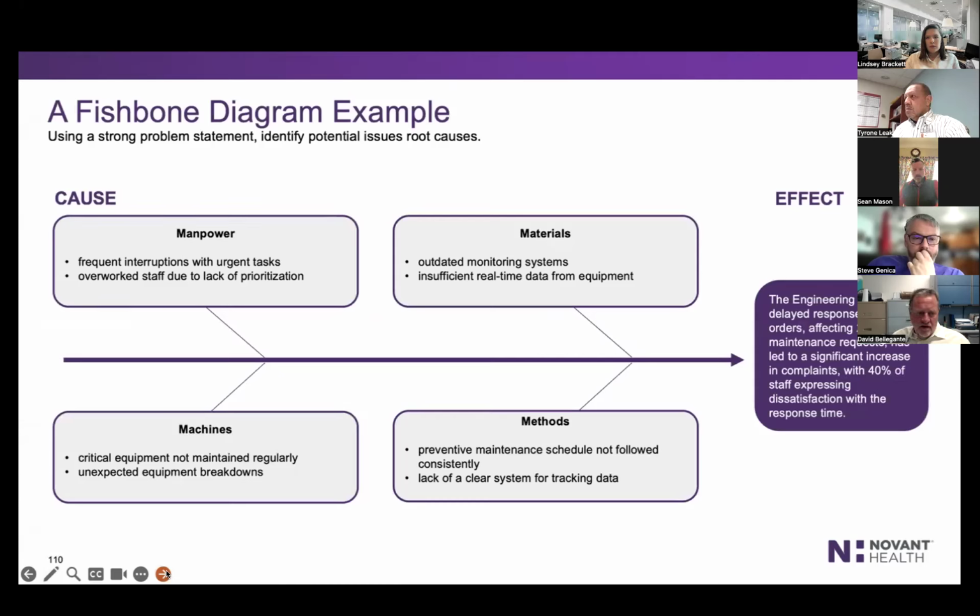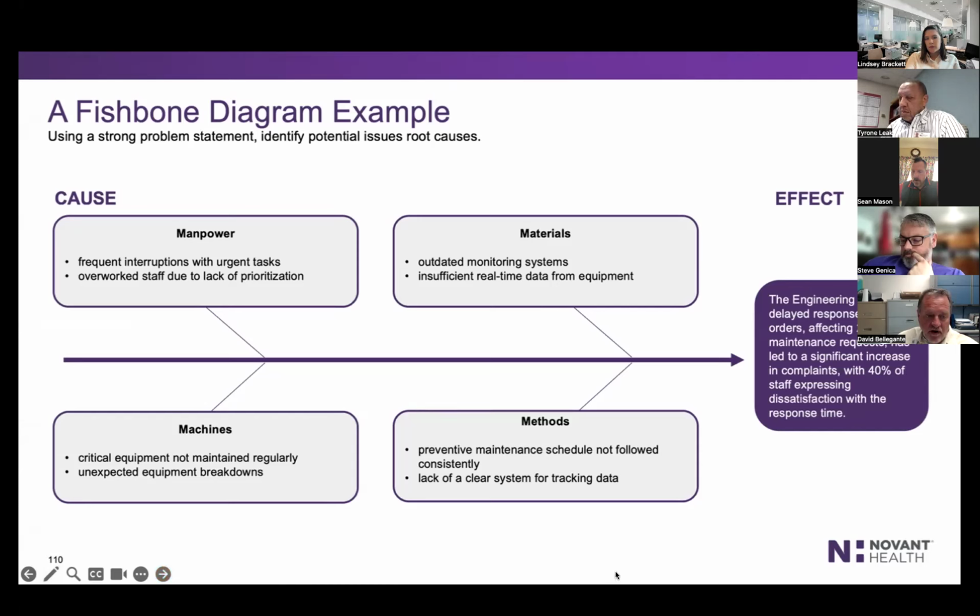And then in this example, it gives examples of what each of these would be, and the definitions of manpower, materials, machines, as we kind of walked through a little bit. But over here on the effect, it says the engineering team's delayed response to work orders, affecting 25% of all maintenance requests, has led to a significant increase in complaints, with 40% of staff expressing dissatisfaction with the response team. So this would be a typical, okay, so how come?